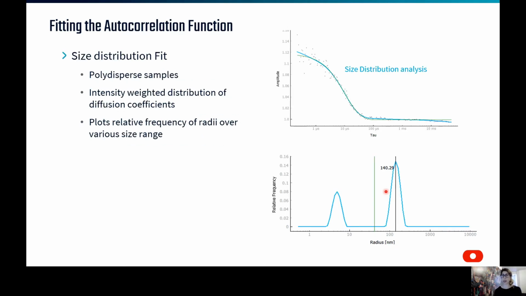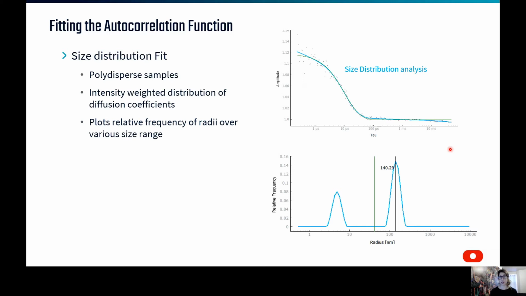So the second fit is the size distribution fit, and this uses an intensity-weighted distribution of multiple diffusion coefficients to account for different populations of sizes and can therefore calculate more than one particle size. This algorithm is going to identify different populations in the scattering signal and then plots the relative frequency of the various size groups.